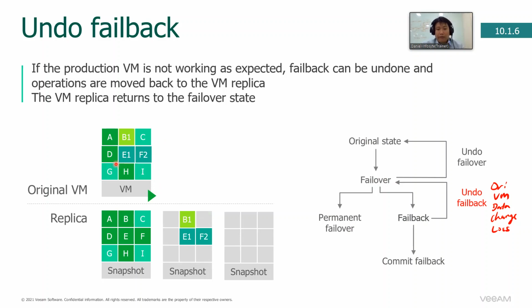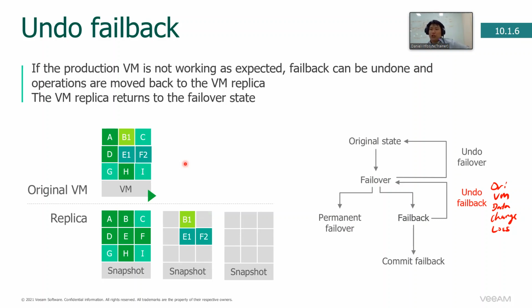And that's why if you perform failback already, it's best to also test the virtual machine before we actually announce it as a service again. If not, later, if you select undo failback, what happens? Your changes to the original VM will be discarded. They don't take it as important anymore because you selected undo failback.